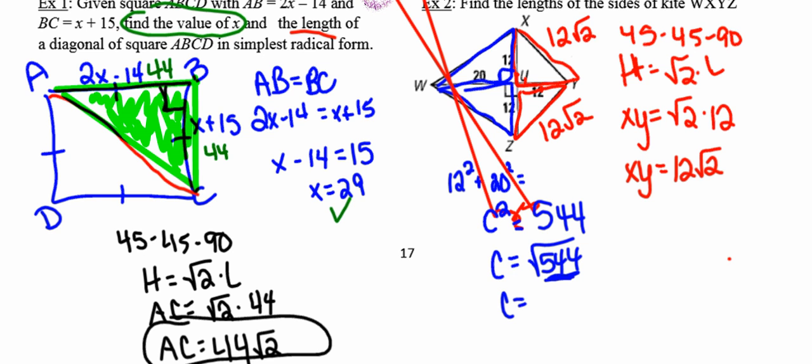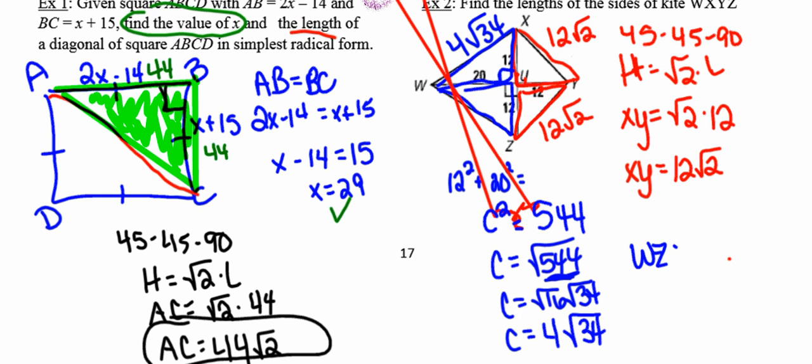The largest perfect square that'll go in there is 16, and it'll go in there exactly 34 times. So in simplest radical form, the length of side WX is 4 square roots of 34. And the length of side WZ is also 4 square roots of 34. And now I've successfully done what has been requested and found the lengths of the sides of the kite.